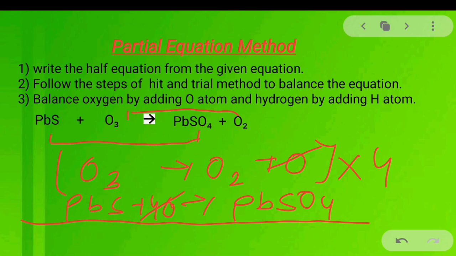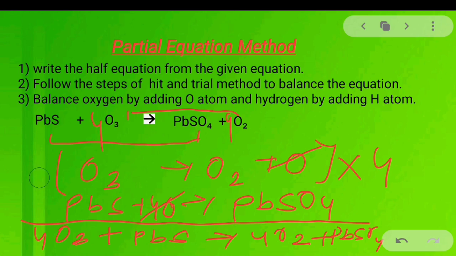Now the product is that your 4O3 plus PbS will give you PbSO4 plus 4O2.